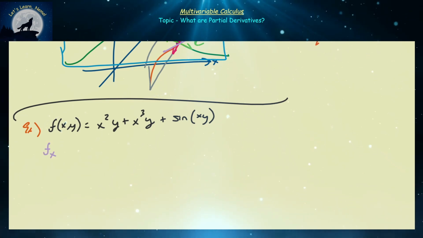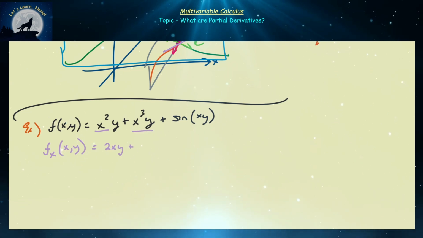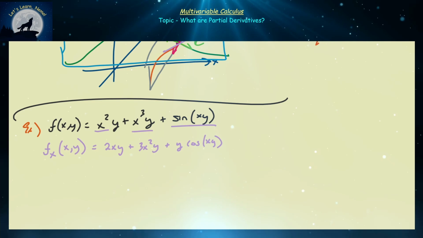So the partial derivative f_x with respect to x, that's going to be equal to what? Here y is a constant, so we're going to have 2xy. And then with respect to x again, that's going to be 3x²y. And with respect to x for that, y is going to come out, and then cos(xy). And if we take the second derivative with respect to x, again, y is still a constant.